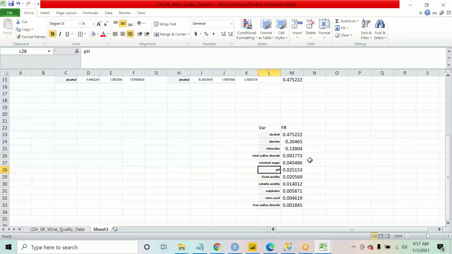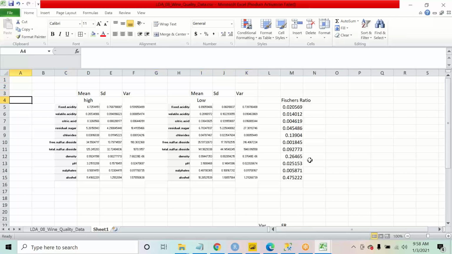As I go down, these are the variables that are not that significant in terms of predicting whether the wine is of low quality or high quality. So we calculated the standard deviation and the mean, then the variance, then the difference for each of the variables, and we calculated the Fisher's ratio for all of them.